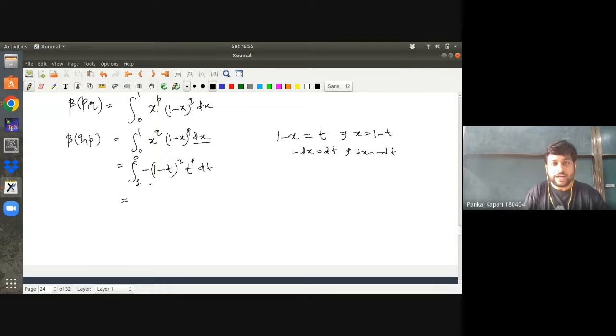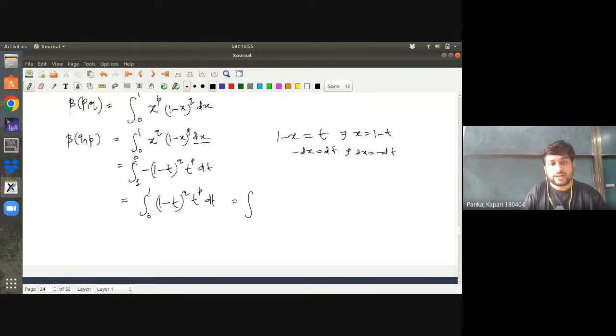Now the integral is from 1 to 0, and we'll make it 0 to 1. If you make it 0 to 1, this minus sign will disappear, so you will have (1 minus t) to the power q into t to the power p dt.